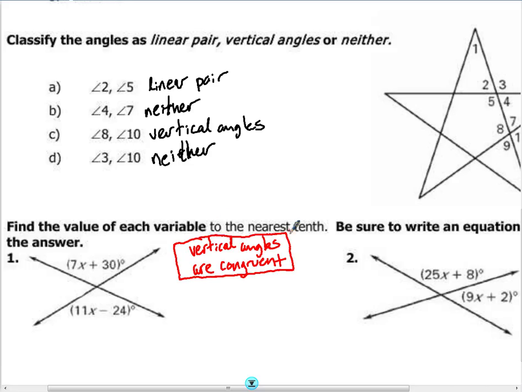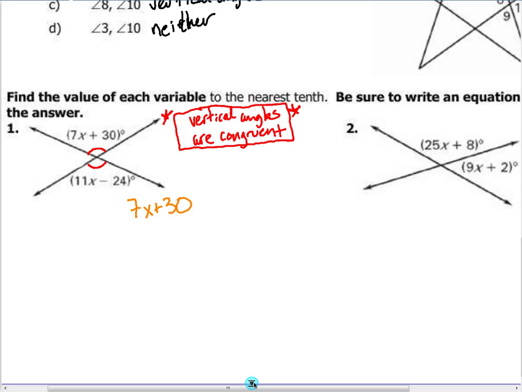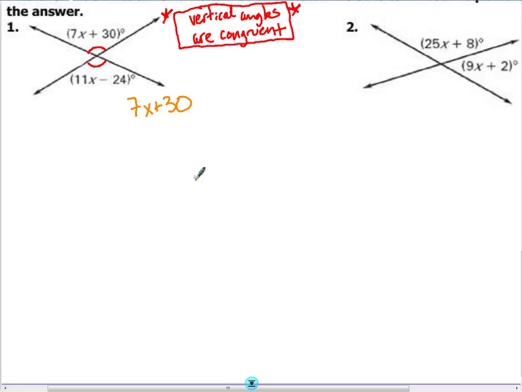Because they're congruent, I can go ahead and take the angles that they give me, this angle and this angle, since they're vertical, and we can set those two expressions, 7x plus 30, equal to 11x minus 24.